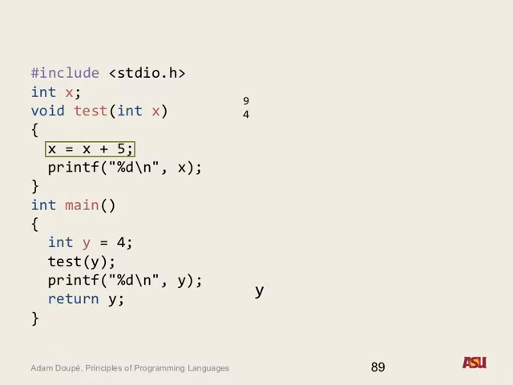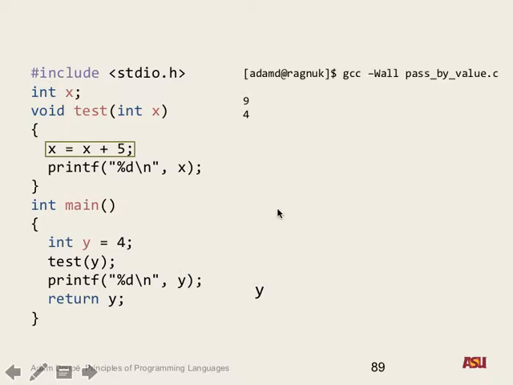So yes, even in dynamic scoping, we need to look up this x. We first look it up in the local scope, and we see that there is an x declared in the local scope. If it wasn't there, then we would look it up in whoever called test, to see if there's a variable declared there. Same thing with y here. This usage of y, static and dynamic, is going to be the same because it's in the same local scope. Cool.